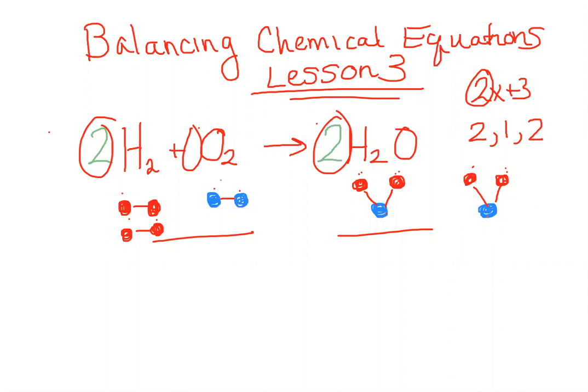If our coefficient is a 1, we don't write it there. We don't usually write the 1, just like we don't write 1x in math. And the reason we write the coefficients like this is so that we can look at them to see if we could reduce them. Nothing goes into 2, 1, and 2, so they are as simple as we can be.